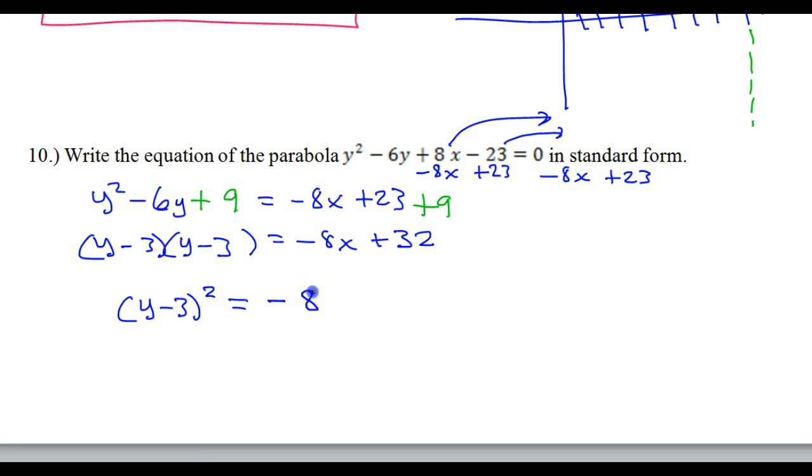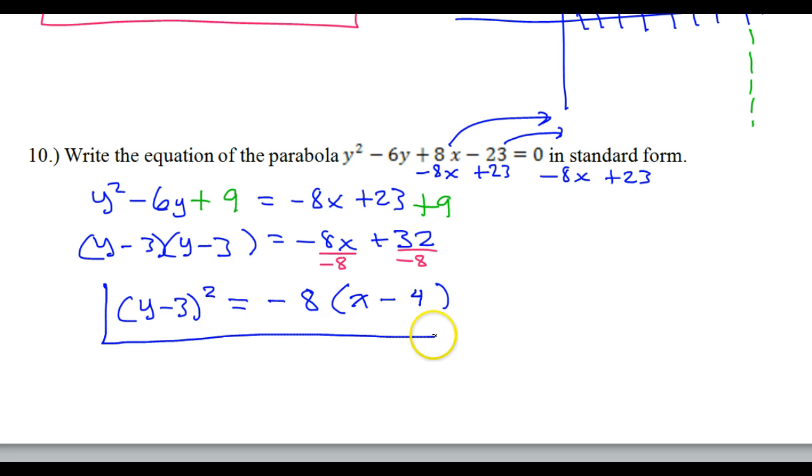So I need to bring out this negative 8. To know specifically what goes inside, you can divide. So that's how I know it will be x minus 4. And that's it. This is the equation in standard form. Here endeth the lesson.